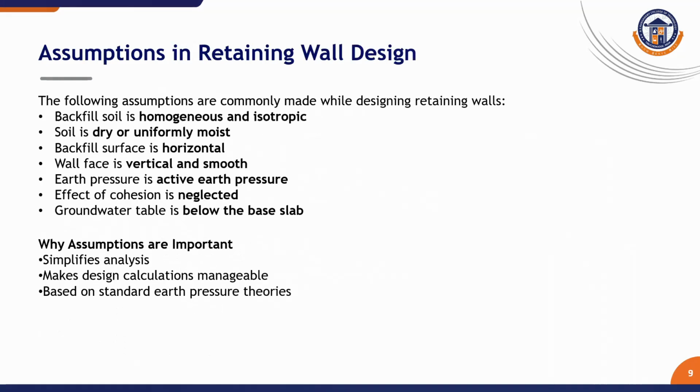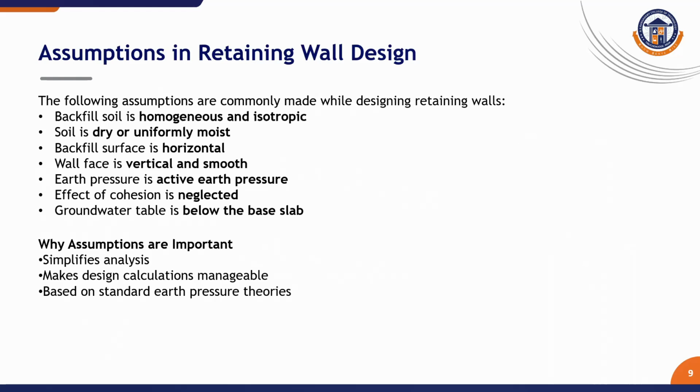Some of the assumptions in retaining wall design. The following assumptions are commonly used while designing the retaining wall. The backfill soil is homogeneous and isotropic. Soil is dry or uniformly moist. Backfill surface is horizontal.